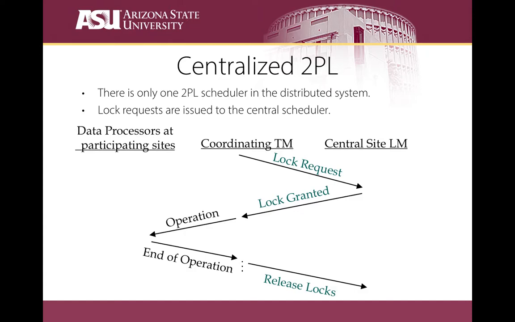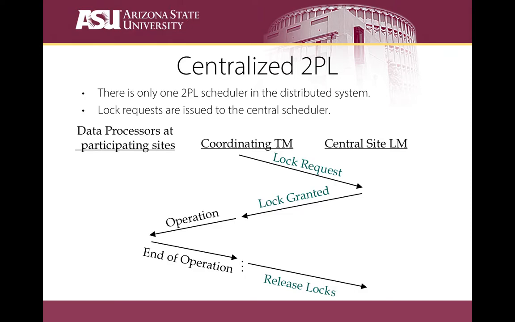So we said the transaction originated at this transaction manager, at this one site. As the transaction proceeds, there is some data that needs to be read or written, and you need to obtain a lock. So whom are you going to ask for the lock? The lock manager.